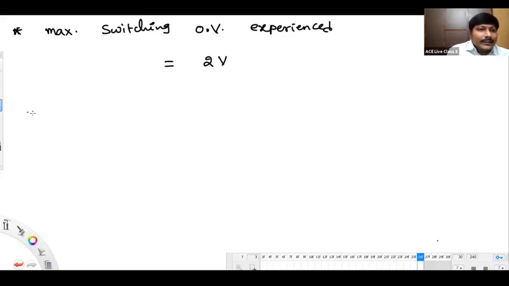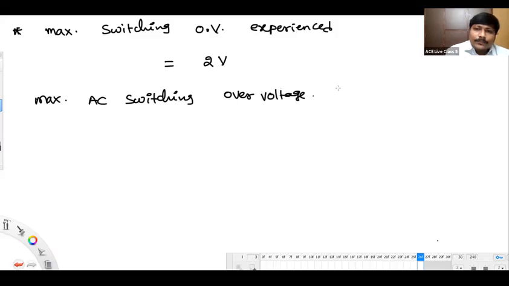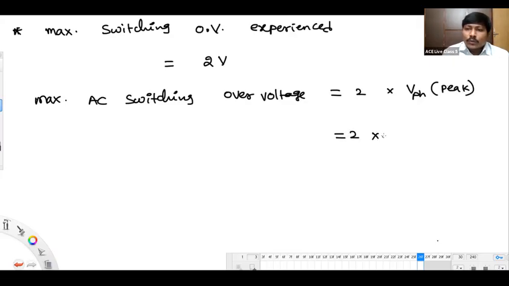Okay, so I can write the maximum AC switching overvoltage experienced. That will be 2 times the per phase voltage peak. Means you can write now 2 into root 2 per phase voltage RMS.